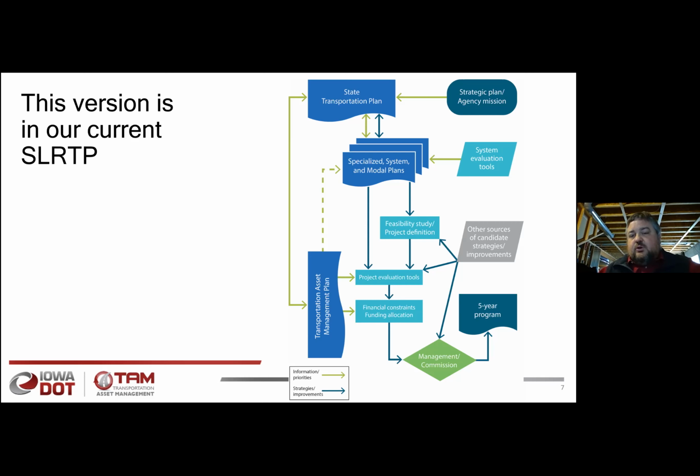The TAMP informs the context for those and helps us think about translating that long range vision, the 25, 30-year vision forward, into more of a 10-year focus that'll result in a list of projects for that 5-year time window. So that's what I wanted to share.